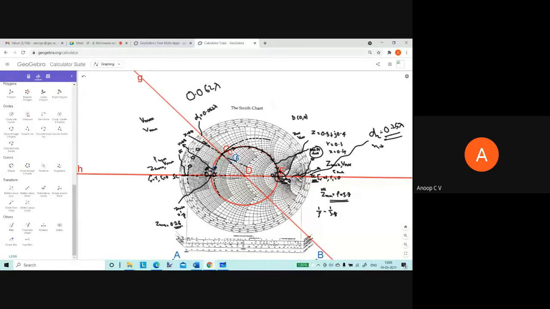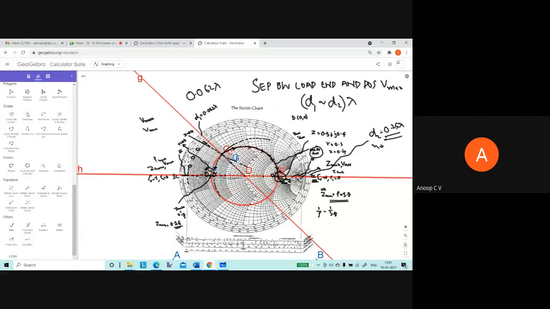So the separation between load end and the position of V max will be the difference between D1 and D2, that much times lambda.